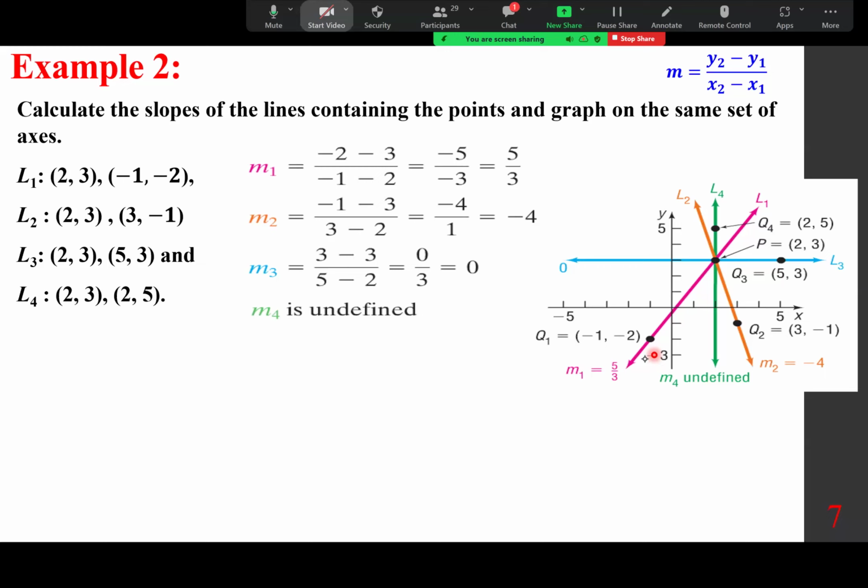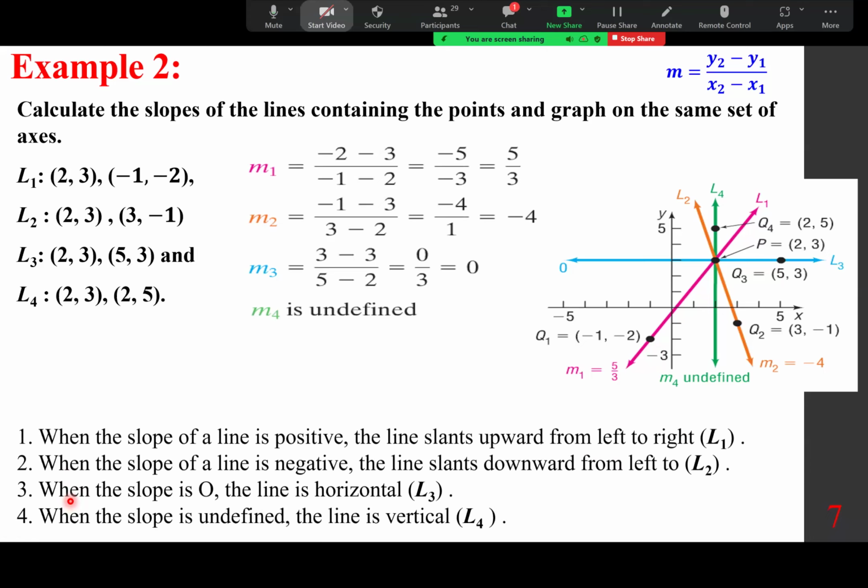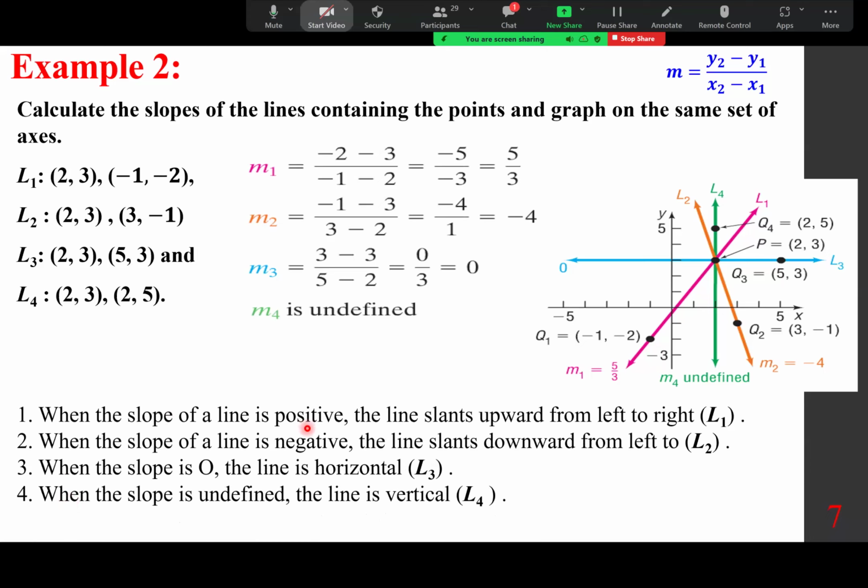What we want to notice here is the following. When the slope of a line is positive, like this one, the red one, the line slants upward from left to right. In other words, as we go from left to right, as x increases, so does y. This means a positive slope. So simply put, positive slope, x gets larger, y gets larger.